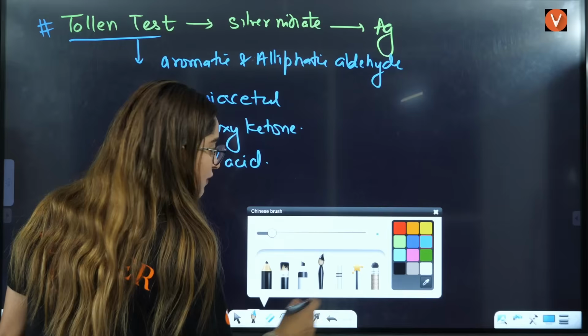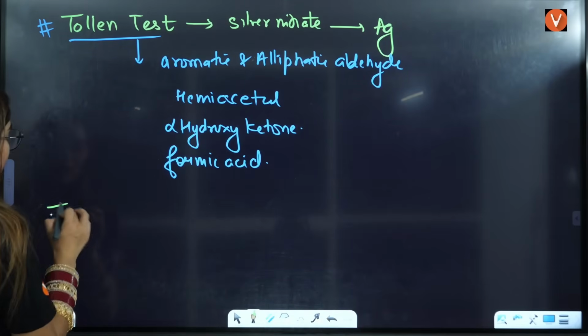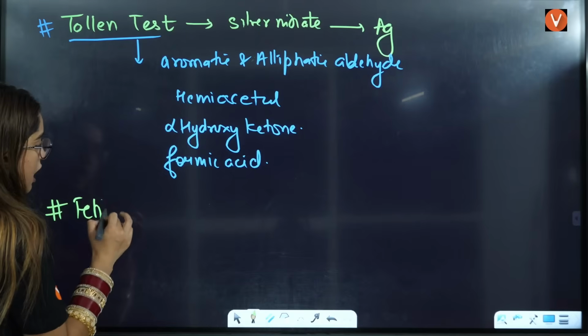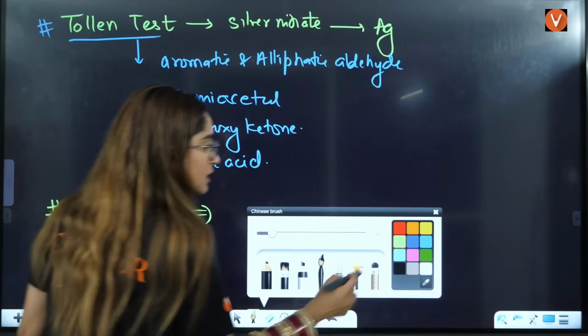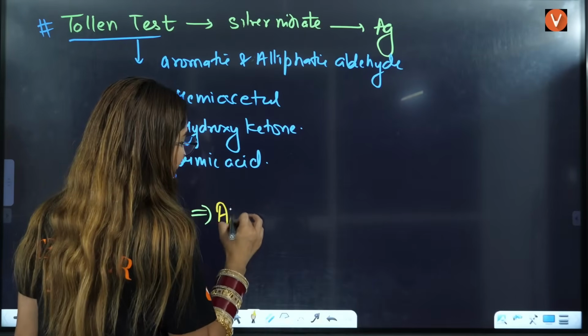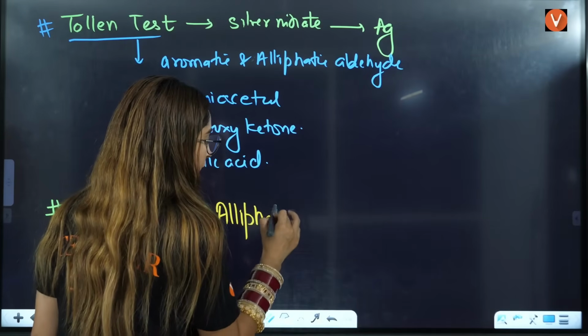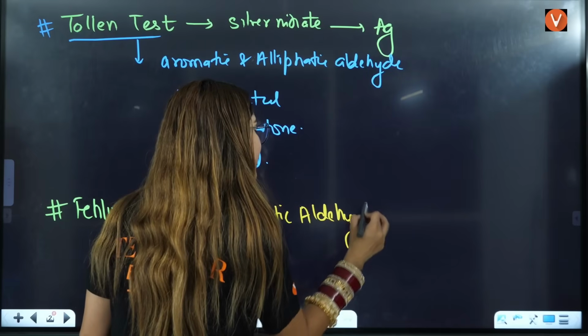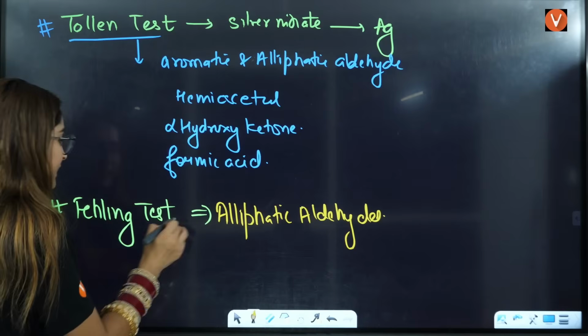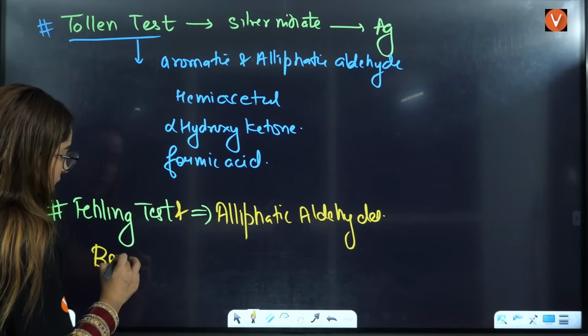Then remember that whenever we talk about Fehling test, Fehling test is given by which of the following, right? Then remember that Fehling test is given by aliphatic aldehydes. Benedict test is also given by the same.